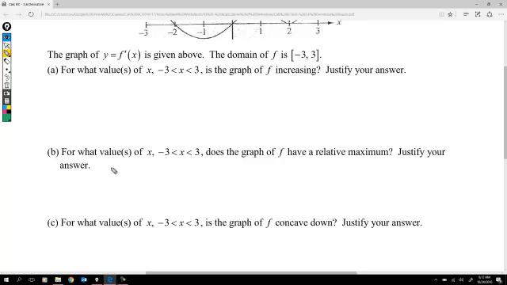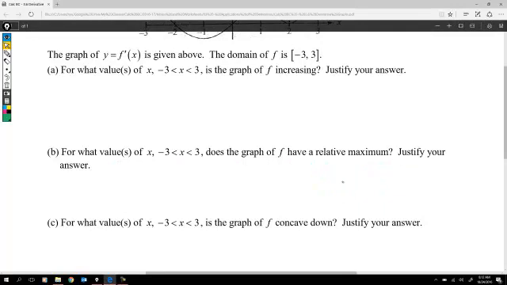So, f has a relative max at x equals -2. We could say because f prime changes from positive to negative. All right, and that would be my justification.